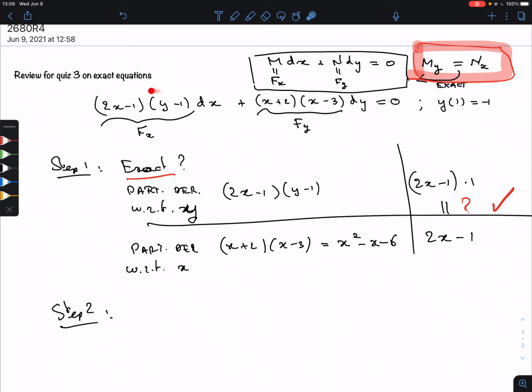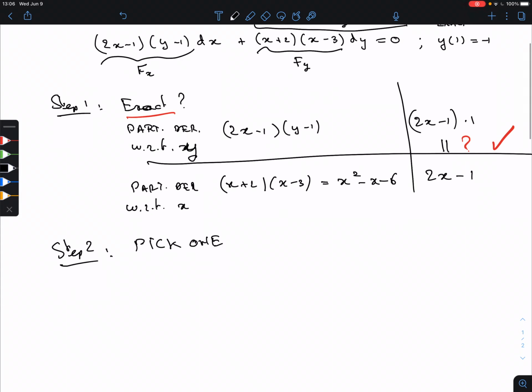You can either work from this one, or from that one. In this case, they're both rather simple to integrate, but I want to show you that this one is even simpler. So pick one. We normally pick the first one, but just to show you that it doesn't have to be.